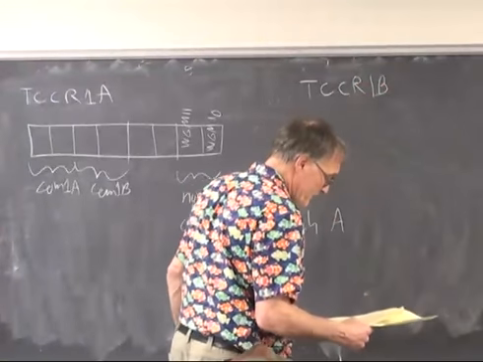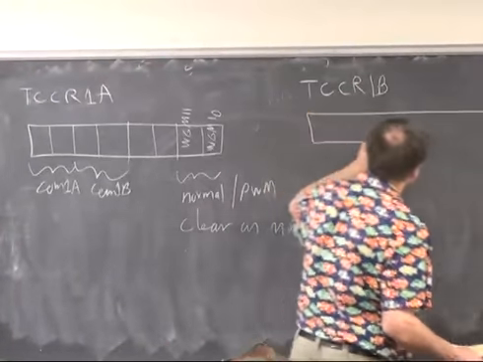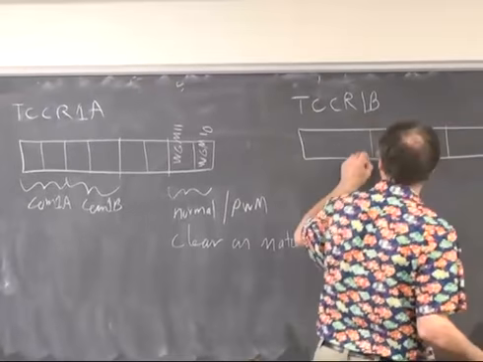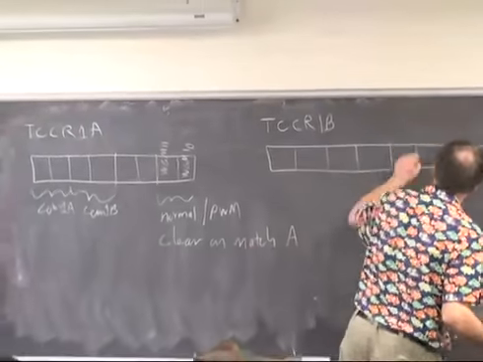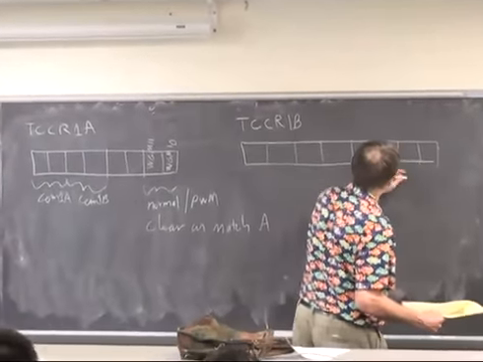TCCR1B has 3 bits of clock select. This is the pre-scaler, as it is with timer 0.